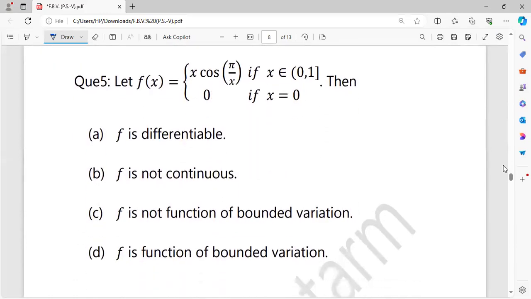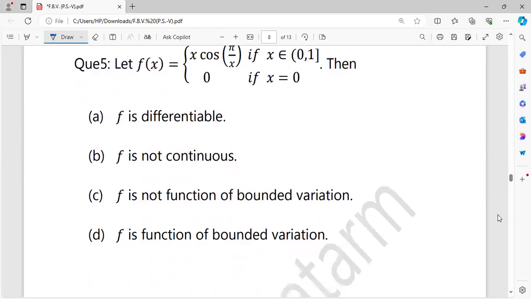Now move to the fifth question. f(x) is equal to x cos pi upon x if x belongs to (0, 1], and 0 if x is equal to 0. Is f differentiable? This function is not differentiable at x equal to 0.